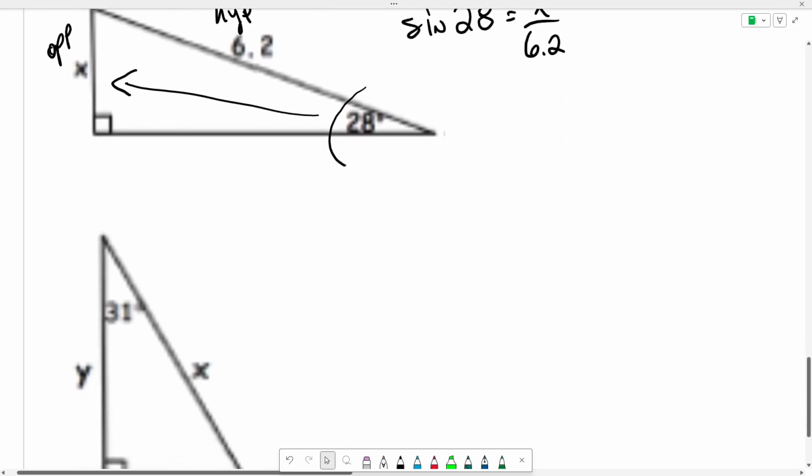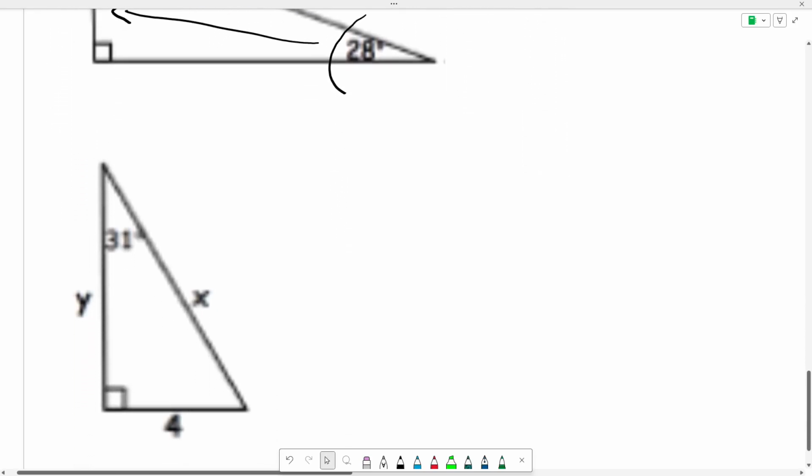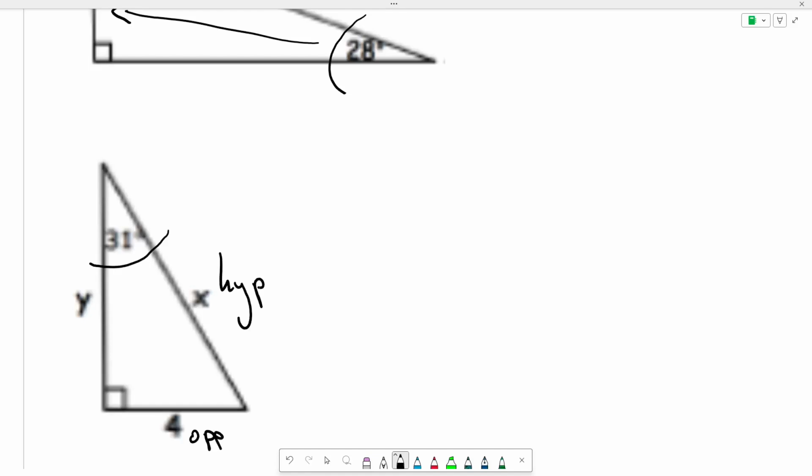And then the last one we'll set up here. Here's my angle. This is the opposite side, the hypotenuse, and the adjacent side. I'm going to do the adjacent side one first, because that would be the tangent of 31 equal to 4 over y.